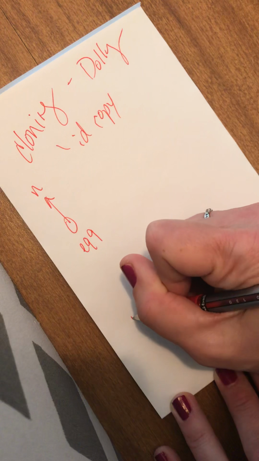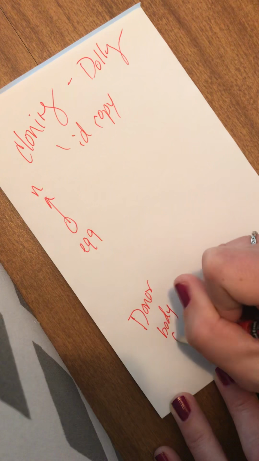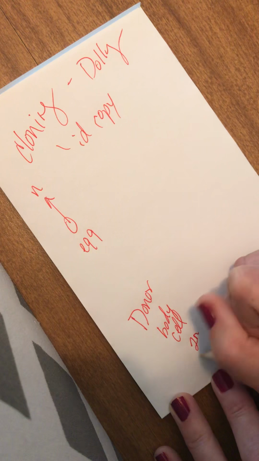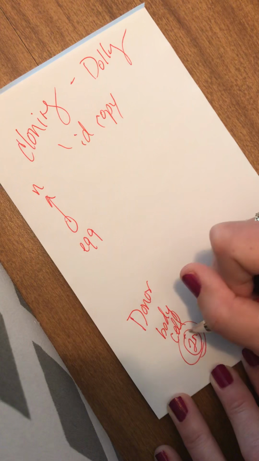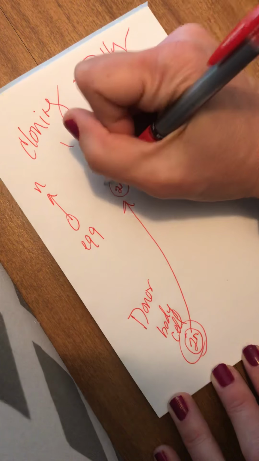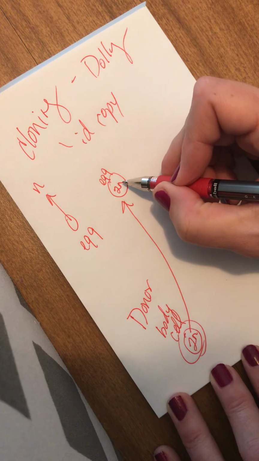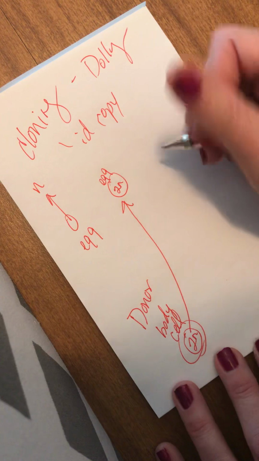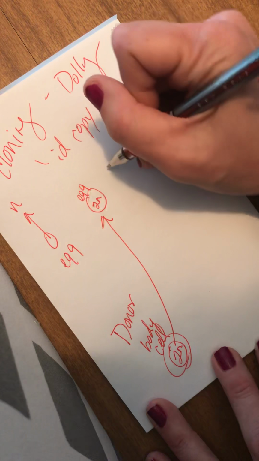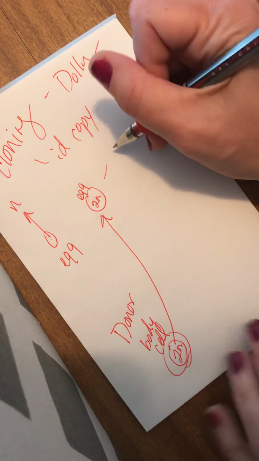And then I have my donor, and I want to take a body cell. And my body cell is diploid. So I want to take that diploid nucleus out and put it in the egg. So here's my egg from one parent, and here's my donor nucleus from another parent. And I now want to put this egg back in the egg organism that it came from.